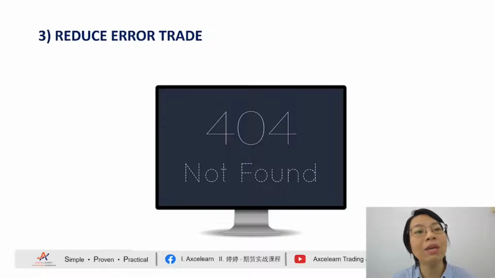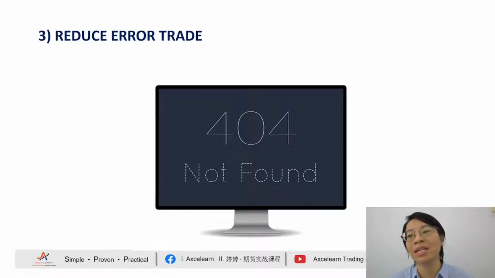Trust me, if you can reduce your error trades, you'll be very surprised that your losses can be reduced by more than half. Your results can increase tremendously. Seriously, try to look into this part.